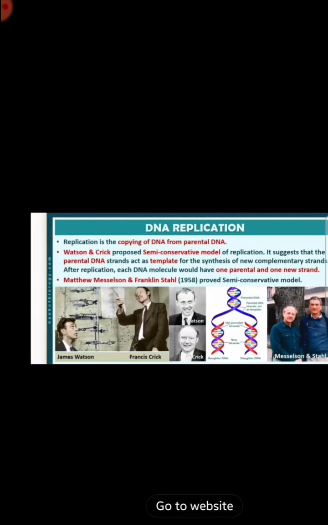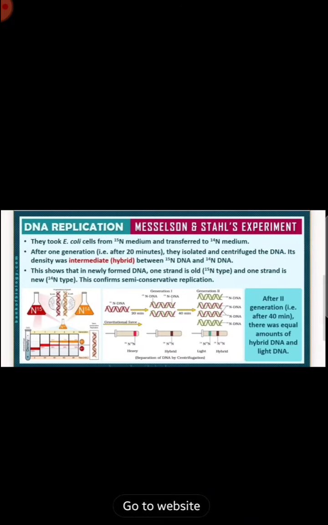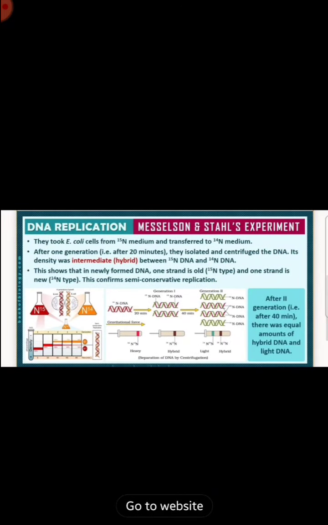This experiment is very important because they will ask several twisted questions. They'll give different situations, such as why they did not consider the conservative model, or why they did not consider the dispersive model. Many kinds of twisted questions are possible from this chapter, especially in your NEET as well as CET exam.